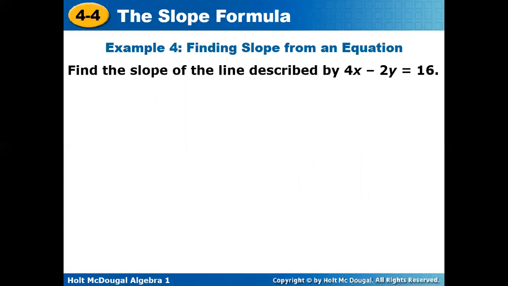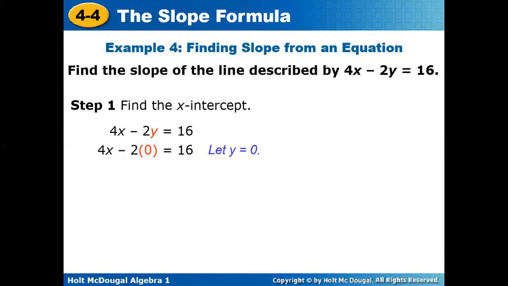In this question, you can find the intercepts, x-intercept and y-intercept. And we remember that to find the x-intercept means put y equals 0. Put y equals 0, you have the x-intercept. So 4x minus 2 times 0 equals 16.